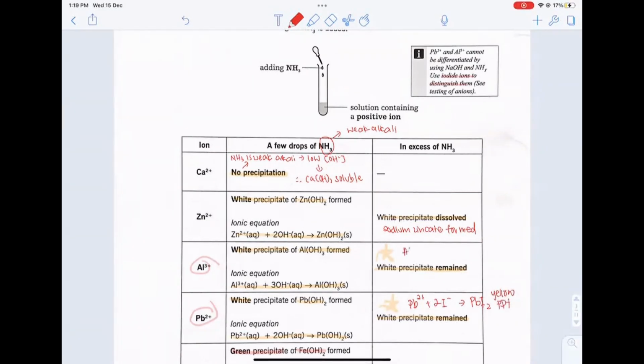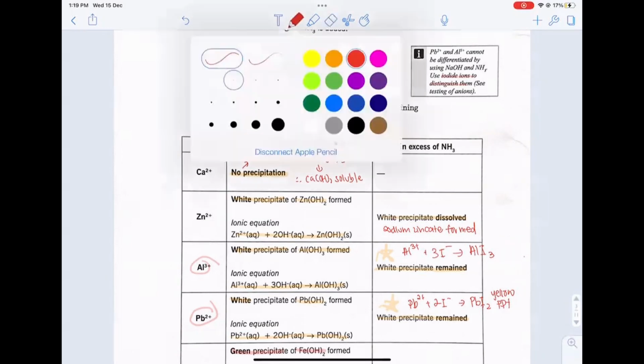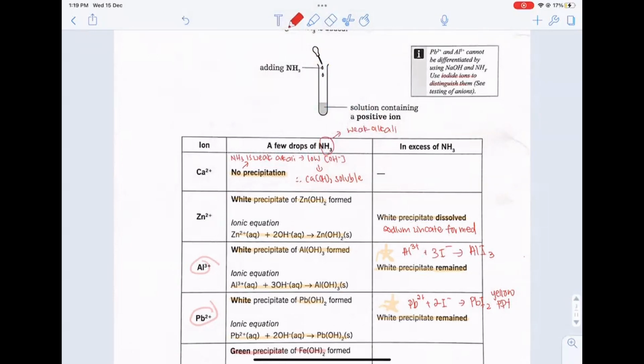Whereas for Al3+ with iodide, it will give you aluminium iodide, which is a colourless solution because it is soluble. So this is different from the precipitate. So this is how we distinguish between Al3+ and Pb2+.